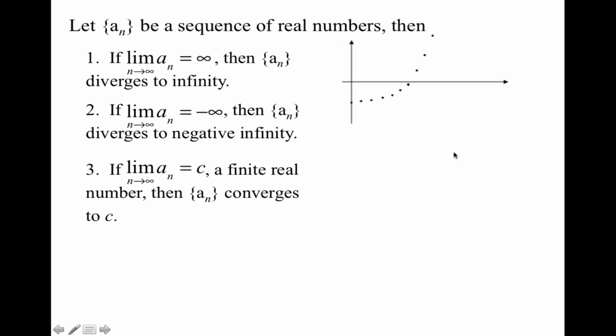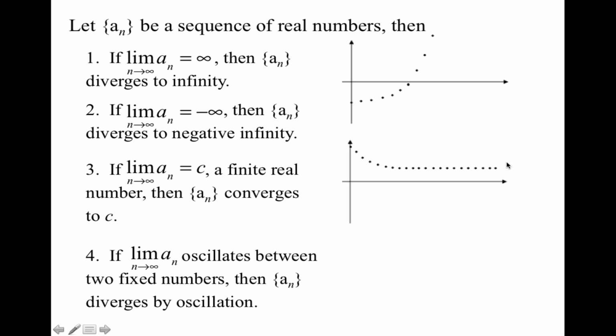Now, if the limit as n approaches infinity of a sub n equals c, a finite real number, then a sub n converges to c. And so a graph of that type of sequence looks like this. And as you can see, as n gets infinitely large, the sequence is converging to a single number.